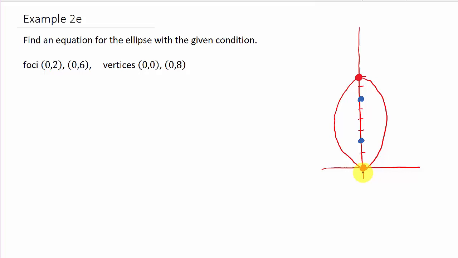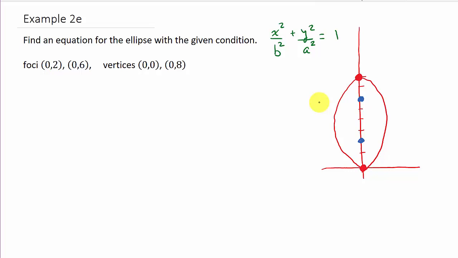Okay, so to find the equation of the ellipse, we know that the equation is x squared plus y squared, over a squared and b squared. But remember, since the major axis is vertical, the a squared is going to be under the y squared and the b squared is going to be under the x squared, because a is going to represent the major axis.